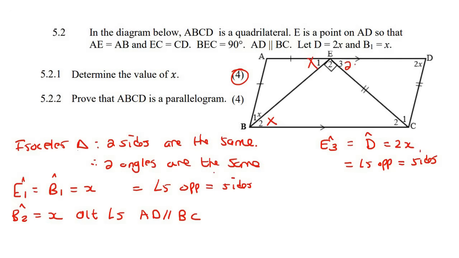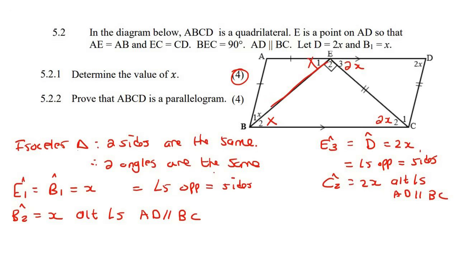So this is now 2x. We can then use alternating angles, and that would show us that this is now 2x. But let's go write it down. So C2 is 2x. Why? Alt angles. Why? Because AD is parallel to BC.